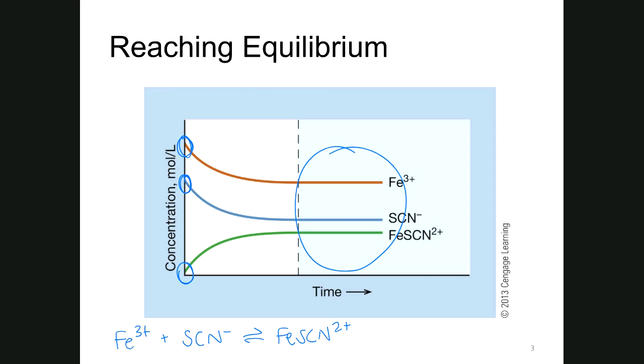They are no longer changing, but they are all different from each other. So again, the concentration does not have to be the same as any other substance, but equilibrium hits at this dashed line where the concentrations stay constant for each individual species. This is just to give you a more visual interpretation of what this means.